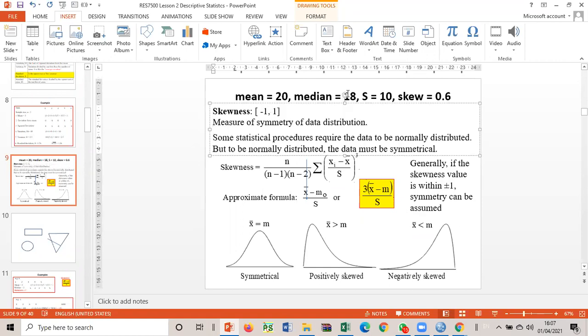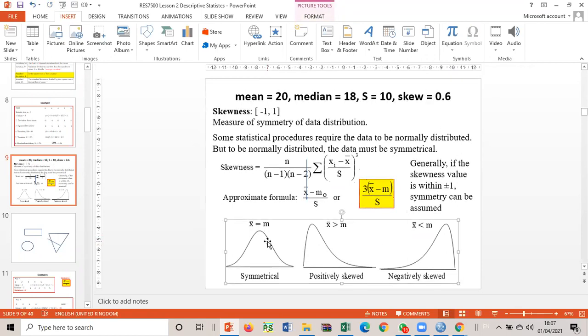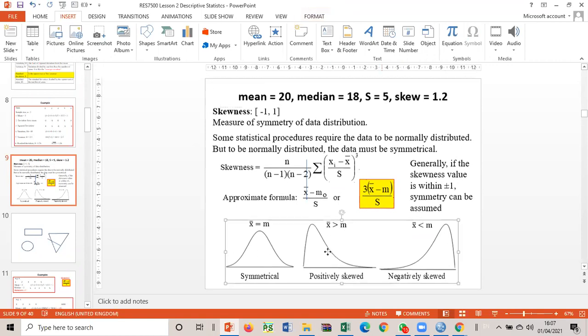If the skewness value is inside here, you can imagine it is like this, symmetrical. If the skewness value is more than 1, like this 1.2, then the data is like number 2, skewed to the right.